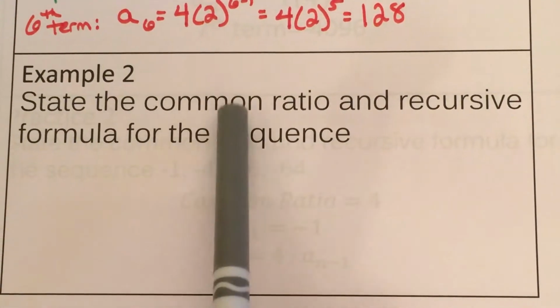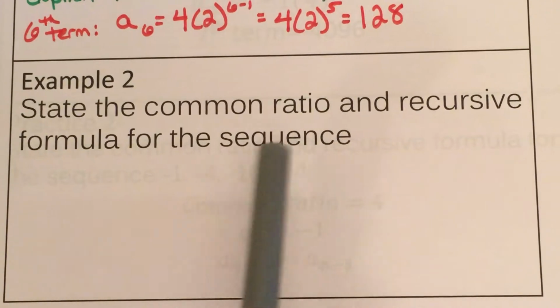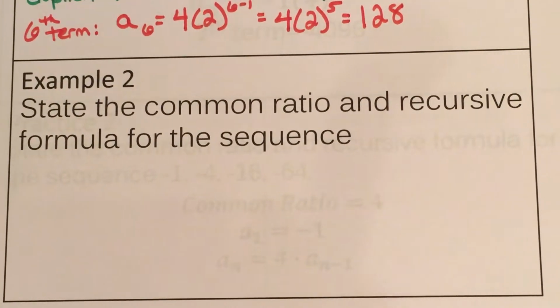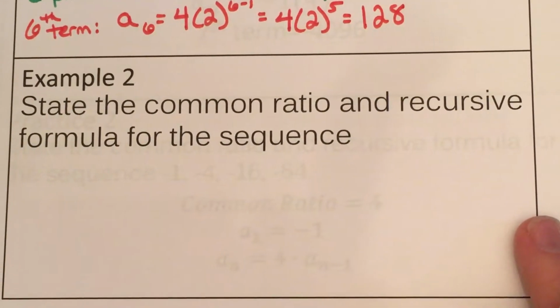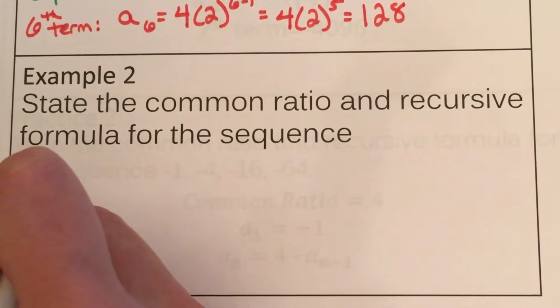So we're going to state the common ratio and the recursive formula for the sequence. All right? So we know what the common ratio is. We already found that. So let's rewrite that.